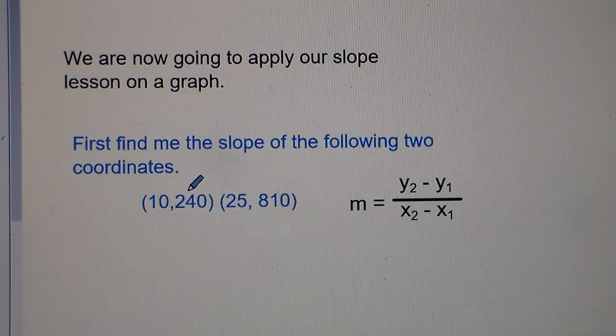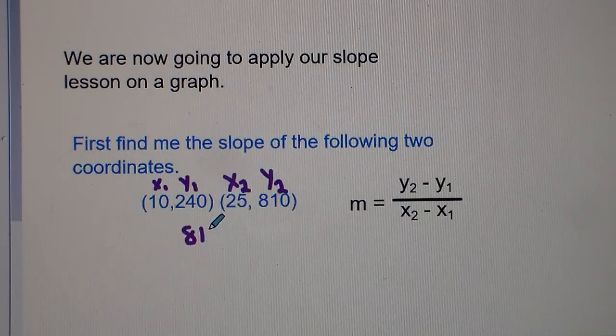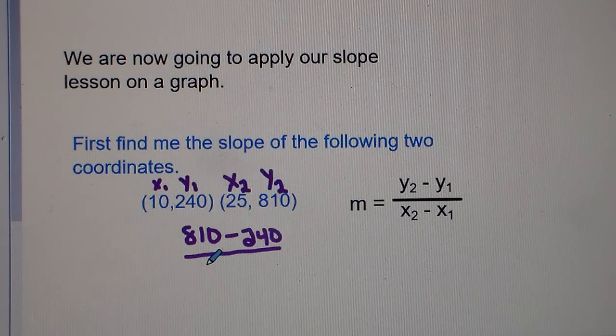10 and 240. 10 is my x1. My y1 is 240. My x2 is 25. And my y2 is 810. We're going to plug these numbers in. We got 810 minus 240 over x2, 25, minus the 10.